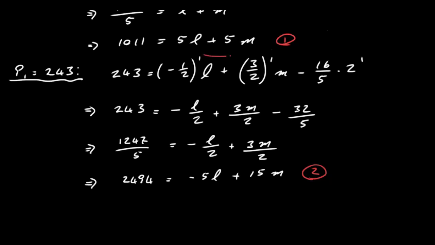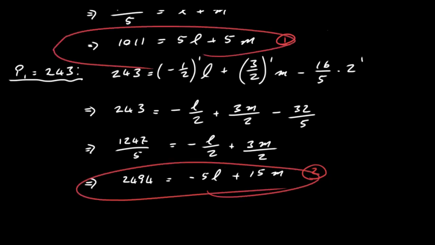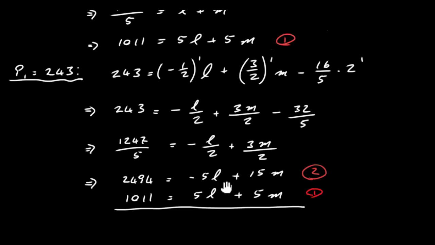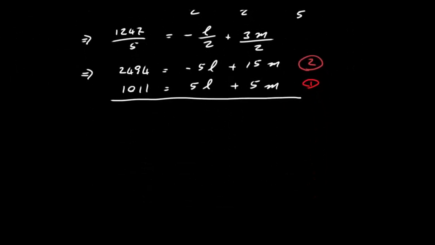So what I want to do is put these two equations together and just work out what L and m are. Now happily enough there's a plus 5L and a minus 5L, so I'll just put equation 1 underneath this here. So it is 1011 is equal to 5L plus 5m. This is equation 1. So we're just going to add these two and we should get a value for m.